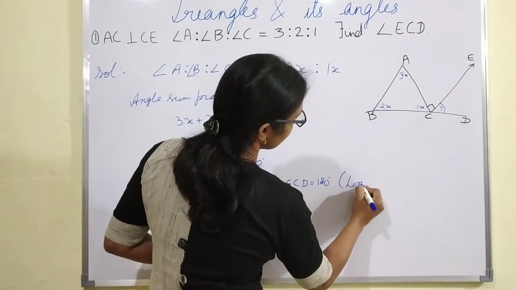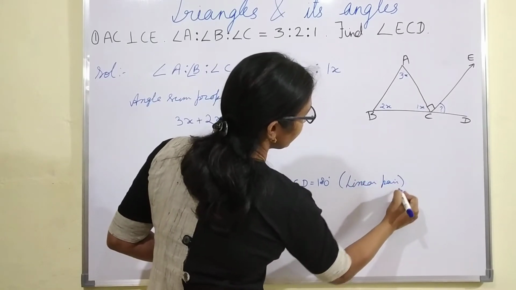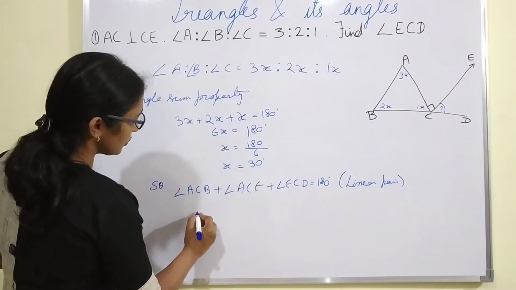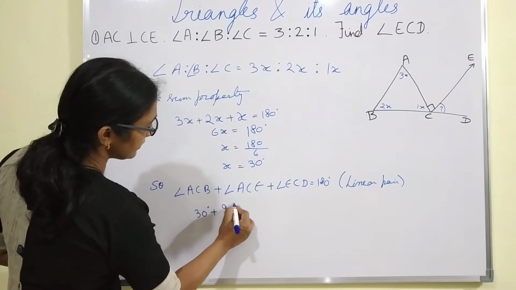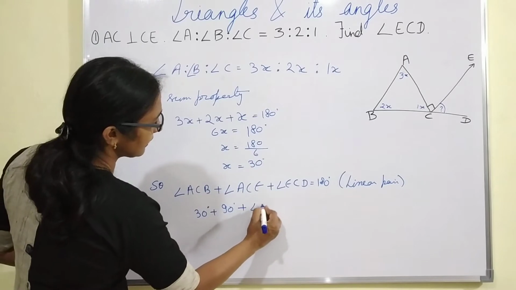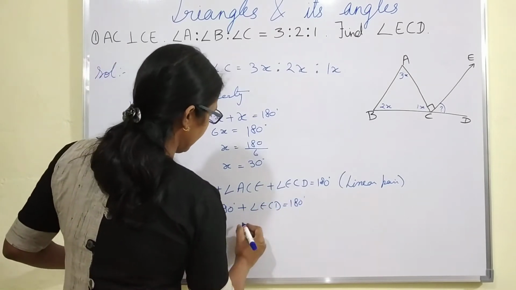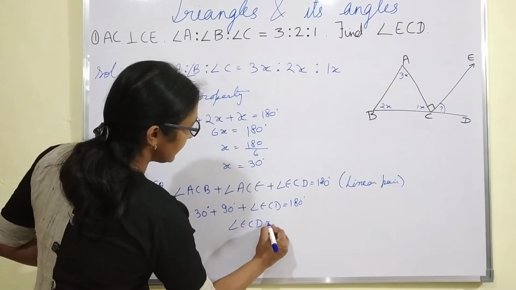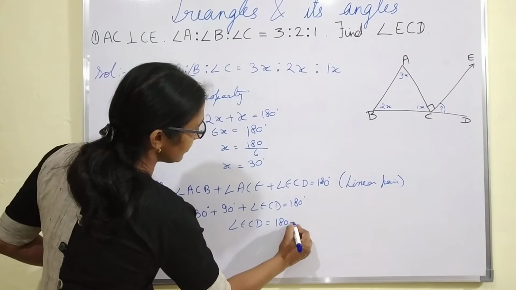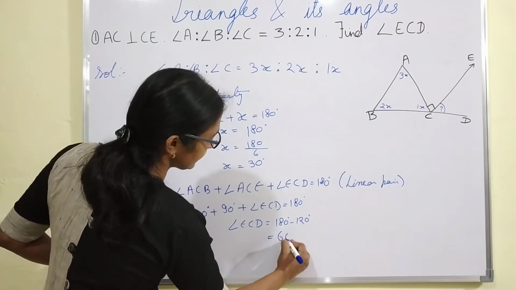Reason: linear pair. Okay, so it is 30 degree. It is given 90 degree plus angle ECD equals 180 degree. So angle ECD equals 180 minus 120 degree, that is 60 degree.